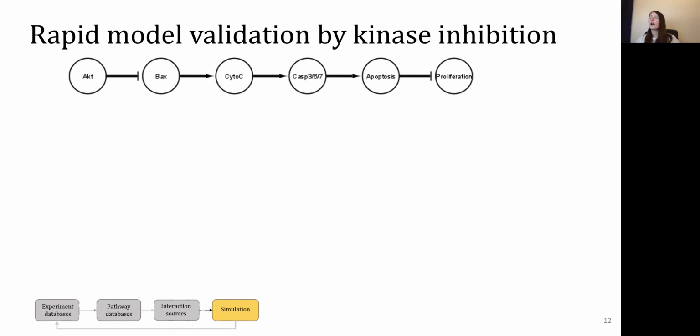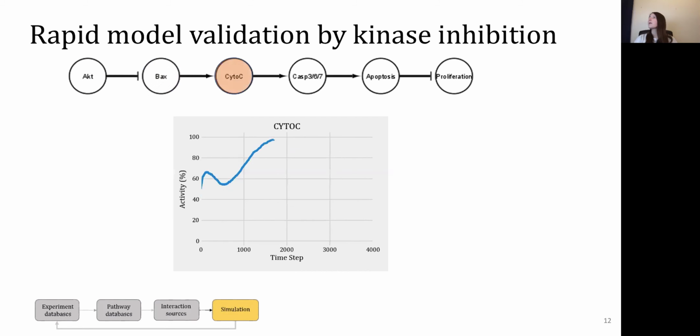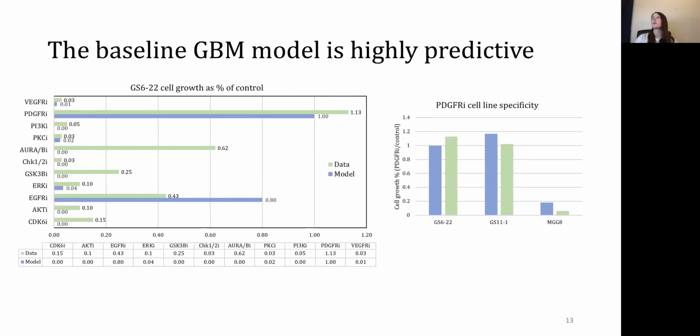Here we show a simple example of validation by kinase inhibition. In our model, we can artificially knock out a kinase. We can observe the effect propagate downstream. And finally, measure its effect on proliferation, which, as I mentioned previously, is a marker for tumor survival. We can compare this to actual in vitro data.